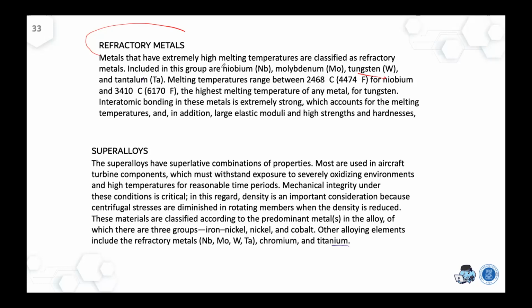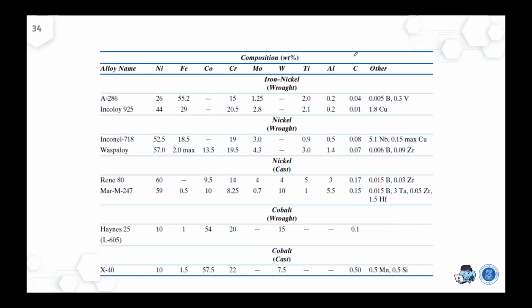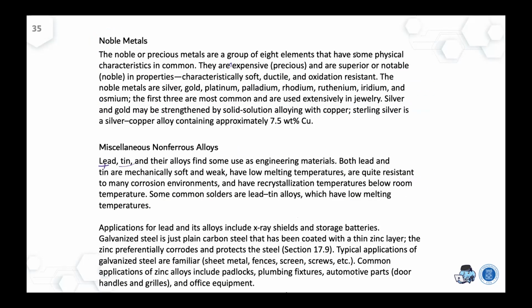The wire inside the lamp is actually tungsten, and it's classified as a refractory metal. Okay, so later on you can have a look at this handout, or in the book as well. You can try reading it and try to imagine what the applications are all around you.